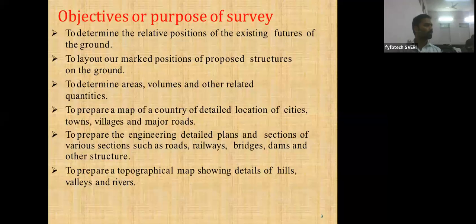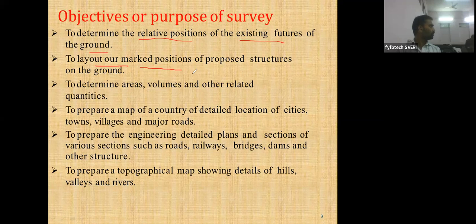To determine the relative positions of existing features of the ground. The second one, to layout marked positions of proposed structures on the ground.